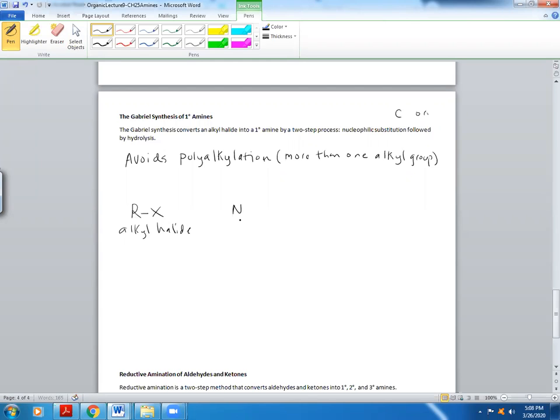And then you have a very unique base, this base is called the phthalimide ion.